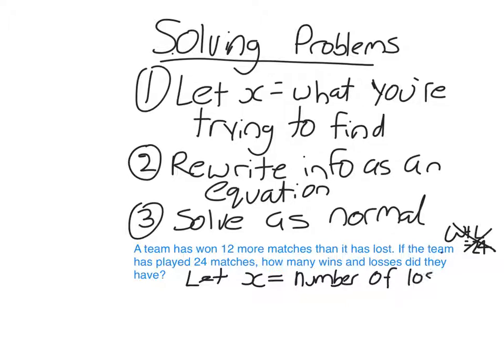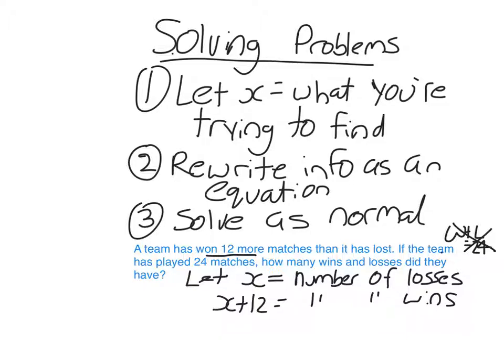If we let X be the smaller quantity, it just allows the numbers to be a bit easier. So if X equals the number of losses, the number of wins, I don't want to call it Y or W, I want to write it in terms of X. So this team won 12 more matches than they lost. So if X is the number of losses, X plus 12 equals the number of wins.